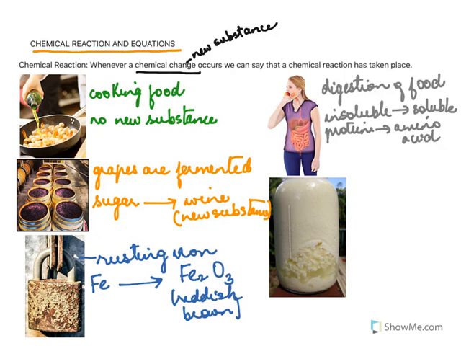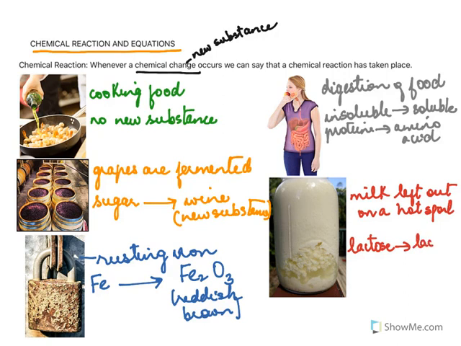And in the last picture, when milk is left out on a hot day, you know what happens to it. It turns sour, because the lactose in the milk, which is a sugar, becomes lactic acid. There's a whole new substance formed, and hence that too is a chemical change.